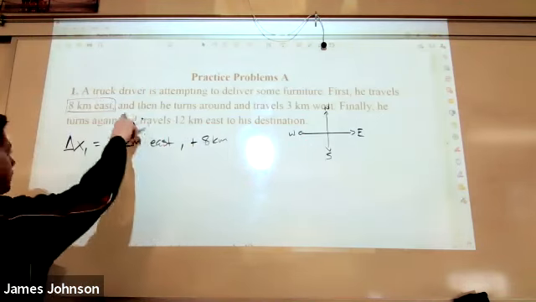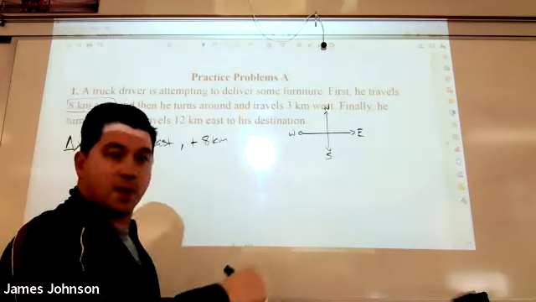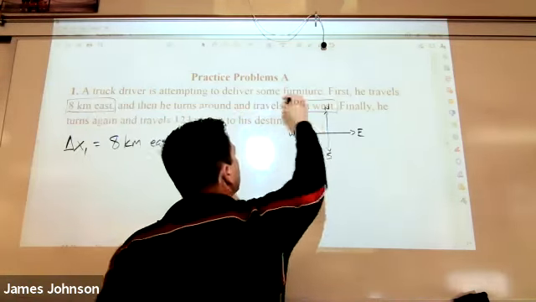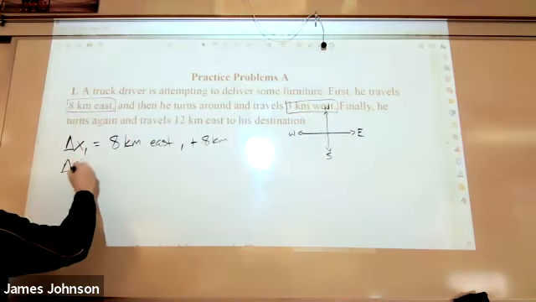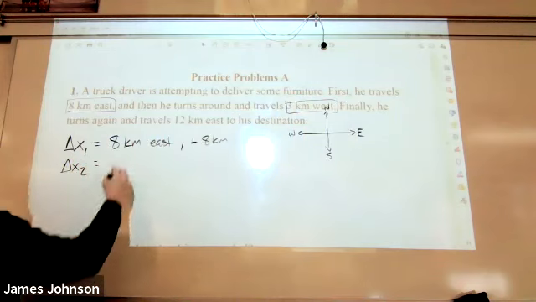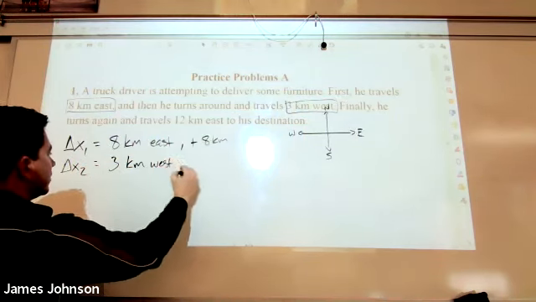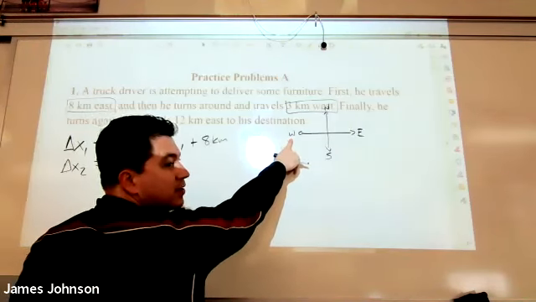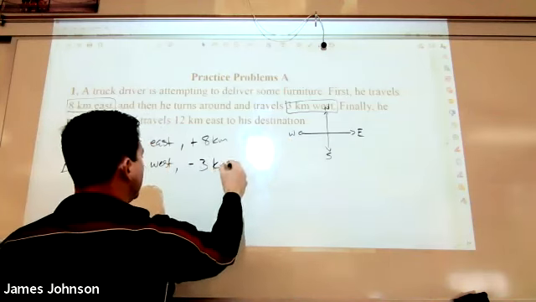Then we read that he turns around. Okay, so, kind of taking an about face, and travels 3 kilometers west. Okay, so we have our second delta x, which is going to be 3 kilometers west, or again, as we've defined on this typical coordinate system, this could be negative 3 kilometers.